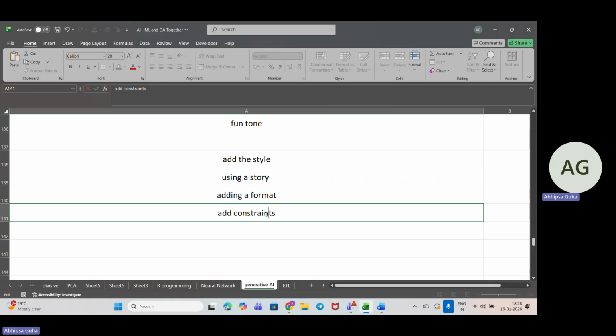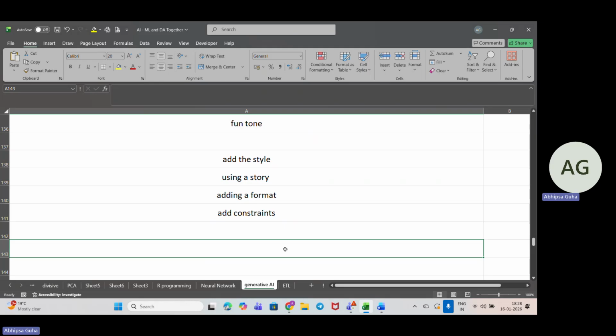Now the full good prompt that you are taking is: you are a friendly teacher. Explain what a dog is to a 10-year-old boy.